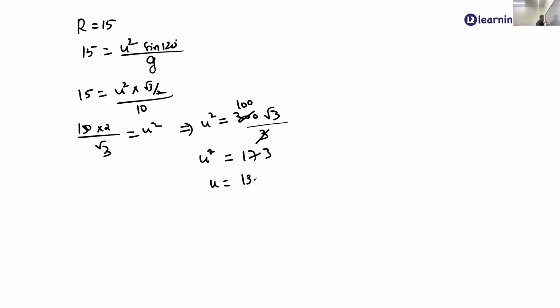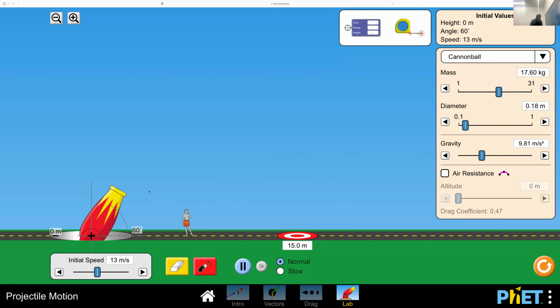So it will be 13 point something meters per second. So when we validate it using the practical approach, it should work. Okay. Clear?